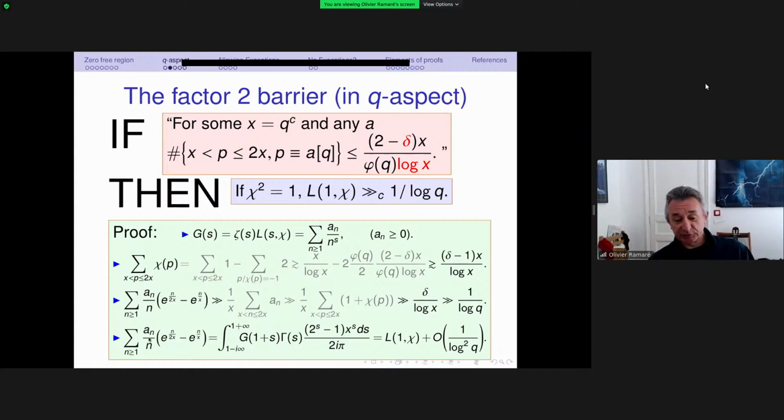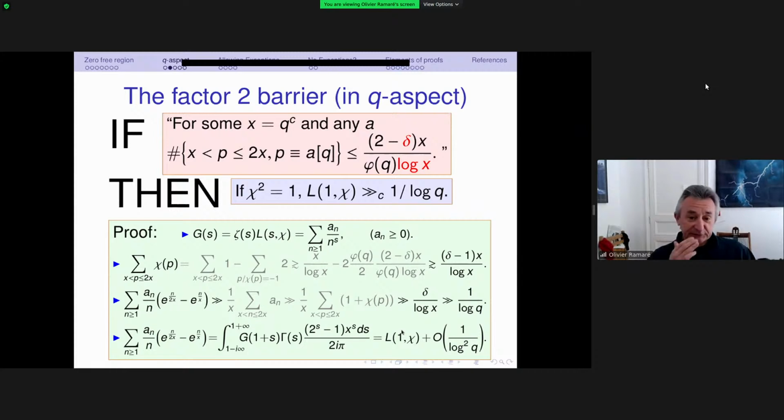Then you use the Mellin transform. Because of your kernel exponential, you get a gamma factor, which makes things converge extremely fast. And you discover that this quantity, the sum of a of n over n, e to the minus n over 2x minus e to the minus n over x, is essentially L of 1, chi. Compare this part with the lower bound, and you get L of 1, chi larger than 1 upon log.